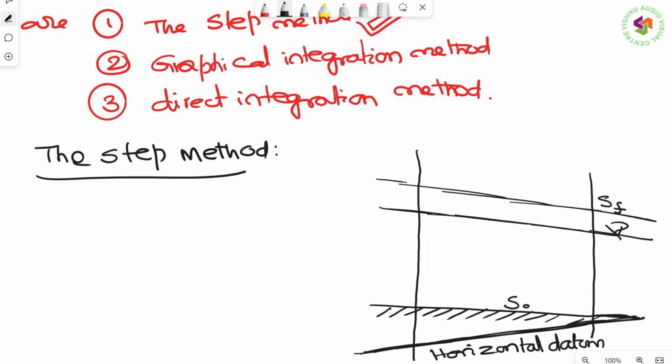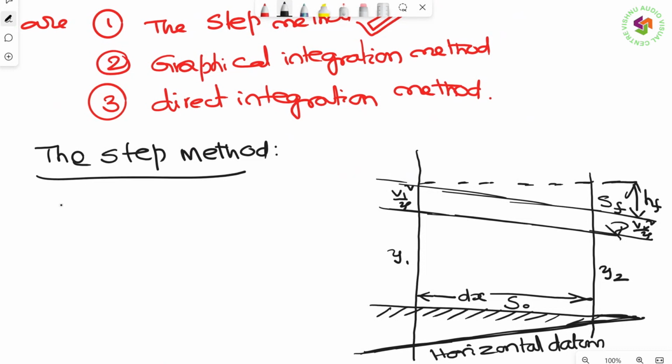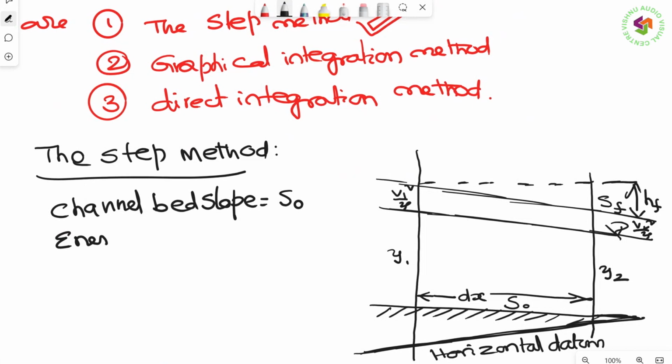If this I take it as dx, the length, and this is y1, this is y2, this is v1 squared by 2g, v2 squared by 2g. So naturally, why this loss is there, energy loss? This we call it as HF, right? Now if I take it, channel bed slope is S naught, energy line slope SF, that's general, right?